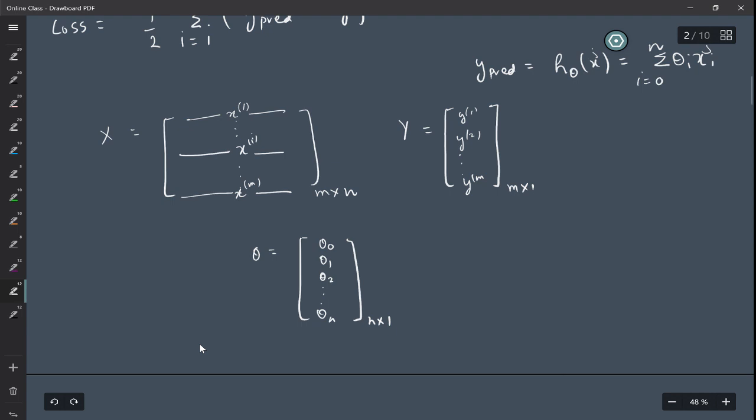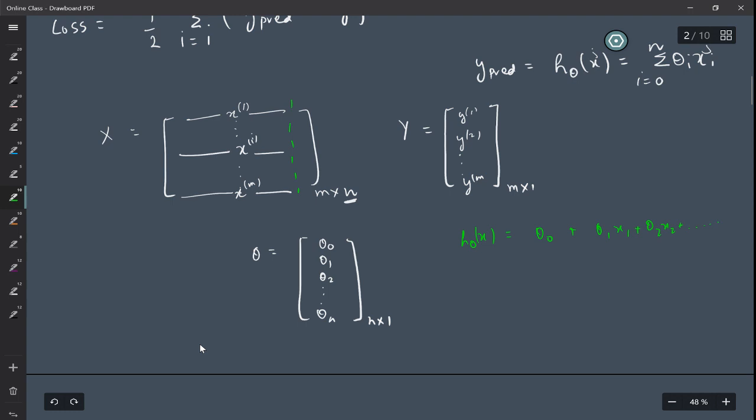Or let's say n plus 1, and this is also n plus 1, right? So I'm saying that this matrix includes 1. Why am I including 1? Because when you write the hypothesis, h theta of x becomes theta naught plus theta 1 x1 plus theta 2 x2 and so on.